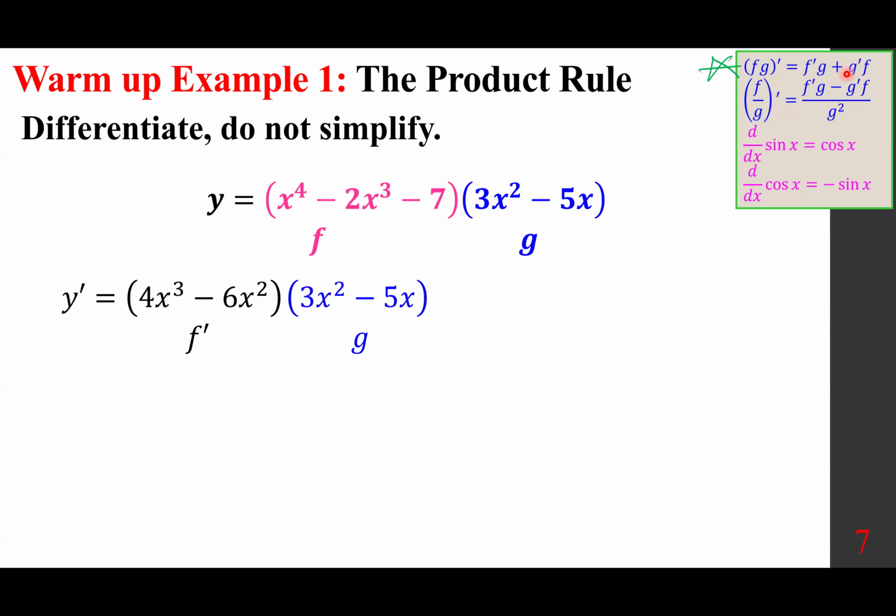Plus, my apologies, plus g prime, 6x minus 5. That's 3 times 2, x to the power of 2 minus 1, minus 5, and times f, the first parentheses, x to the power of 4, minus 2x cubed, minus 7. Bear in mind, this is not finished, but this is the only calculus step. Everything else is algebra.